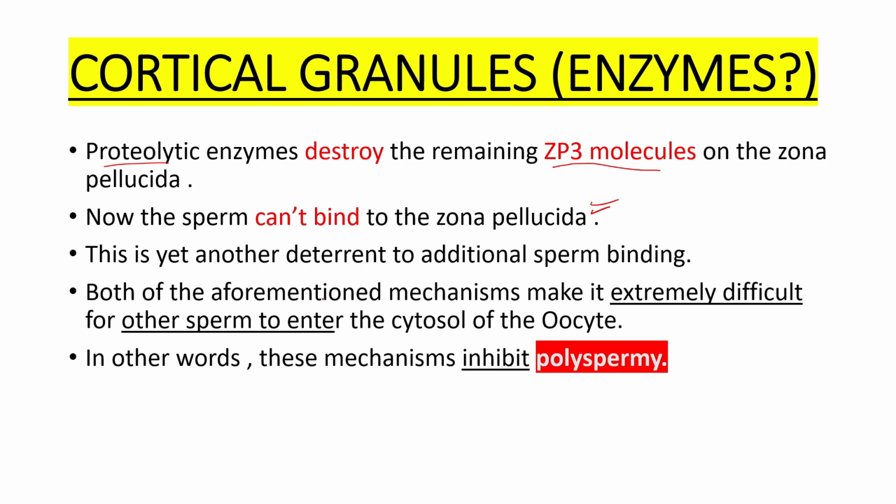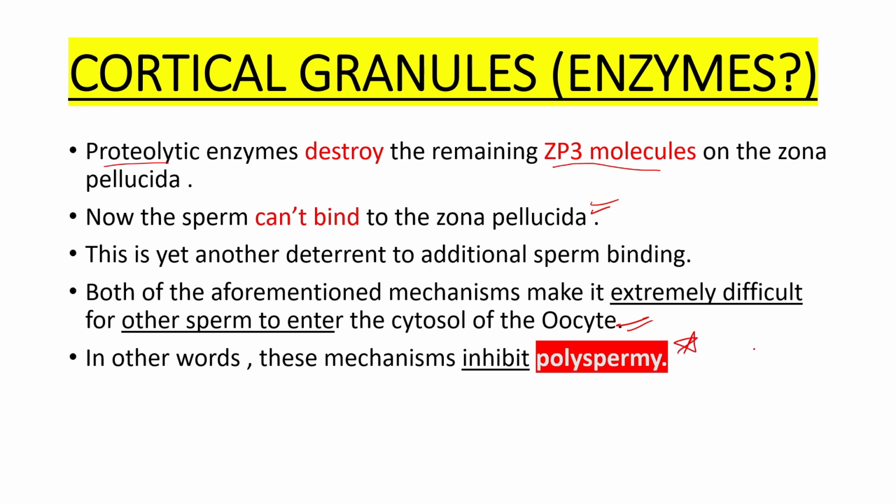Both of the aforementioned mechanisms make it extremely difficult for other sperm to enter the cytosol of the oocyte. So this process would make sperm entry very difficult. So it would inhibit the condition of polyspermy.